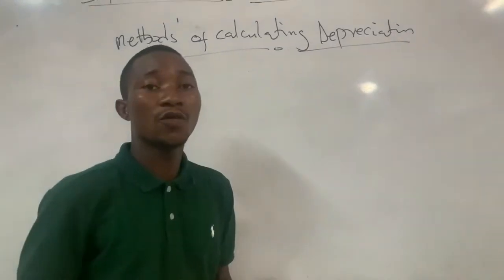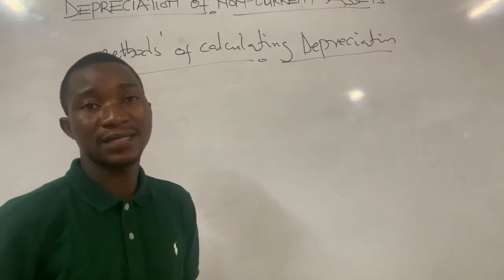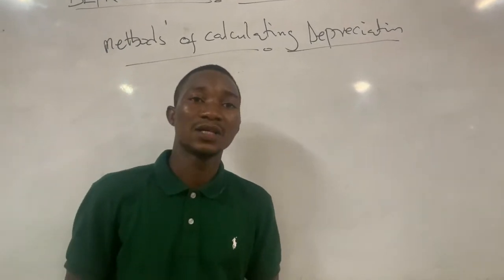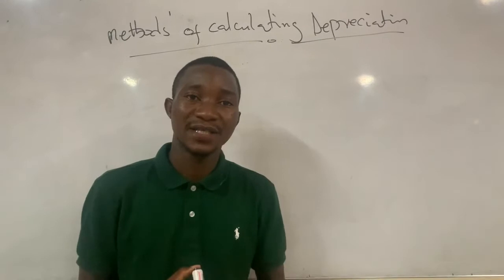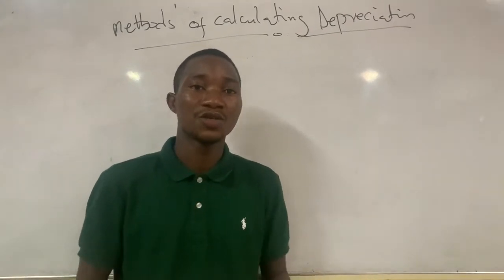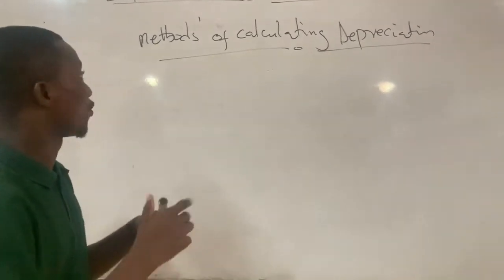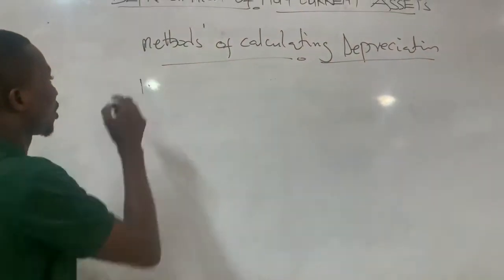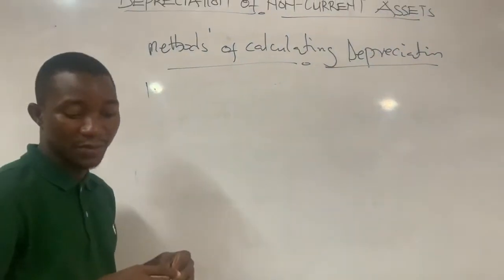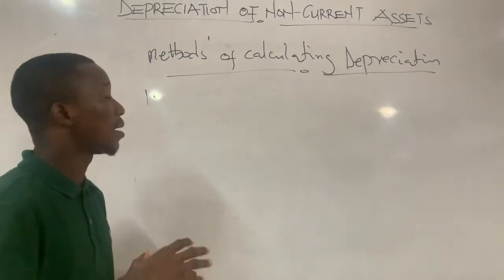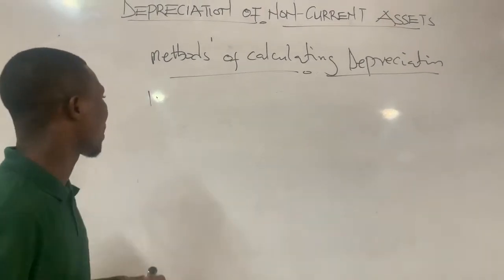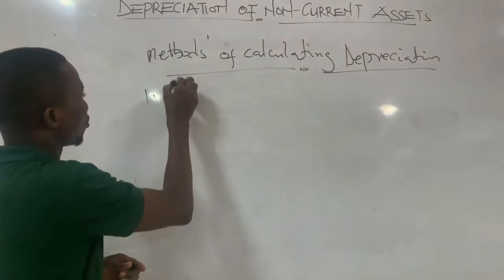I told you my focus here is to let you understand the various methods of calculating depreciation. Then we take a practice question, then we try to solve it to actually materialize what I'm talking about. So we have several methods of calculating depreciation, but I will be highlighting about 4 different methods. So first, I'll talk about the straight line method.